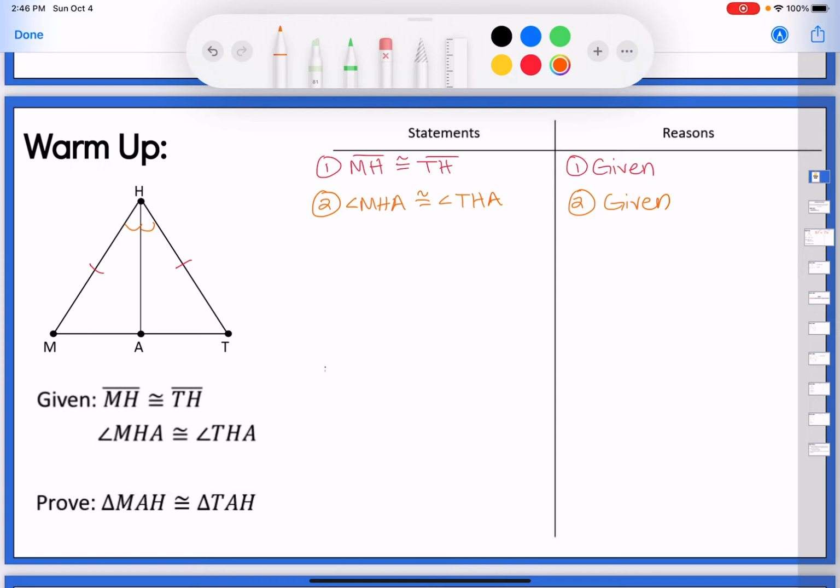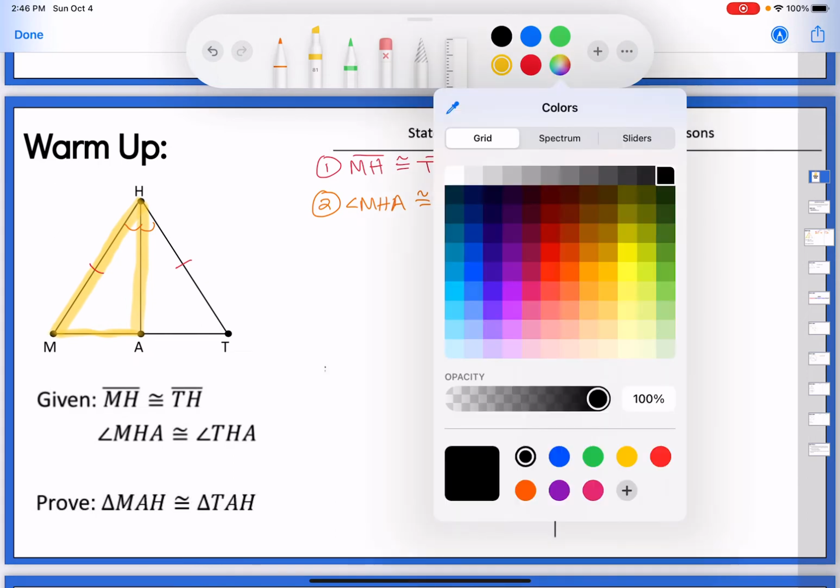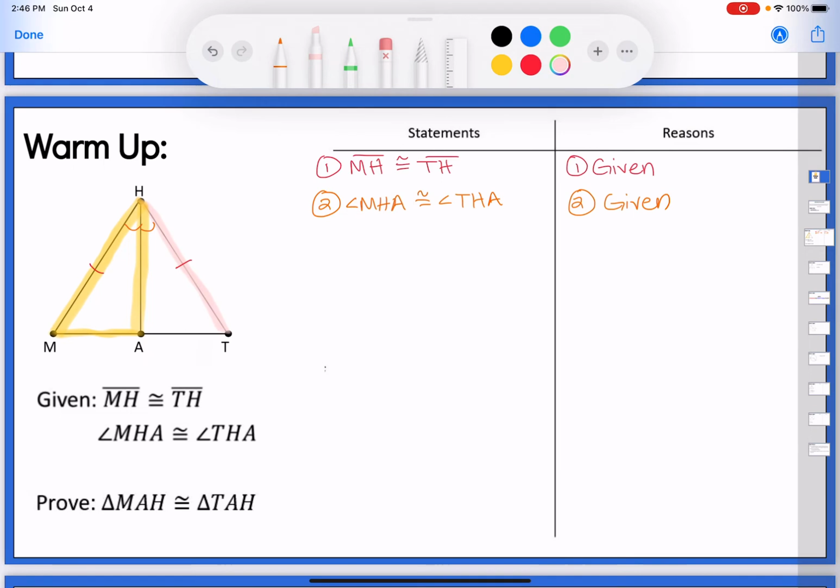All right, now I'm trying to prove that the triangle on the left, I'll highlight it for you, MAH is this one, is congruent to the triangle on the right, THA, right here. Okay. I'm trying to prove those two triangles congruent. Now, as I was marking that, I noticed that I did have one side that was already marked congruent.